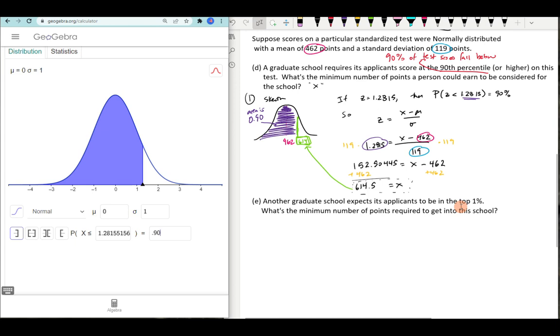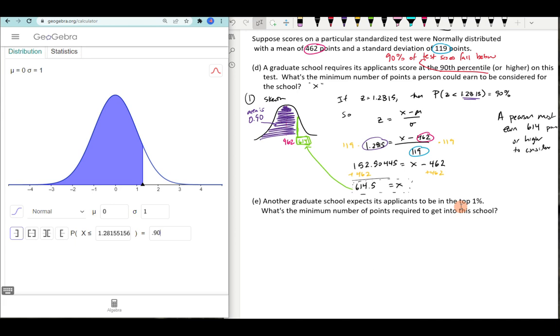So what this is saying ultimately is a person must earn, in this case, about 614 points or higher to be considered.